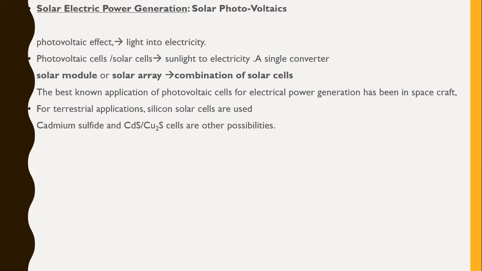This Cu2S layer is about 0.1 micrometers thick. These cells are made by deposition on long sheets of substrates. This process is adaptable to inexpensive mass production also.